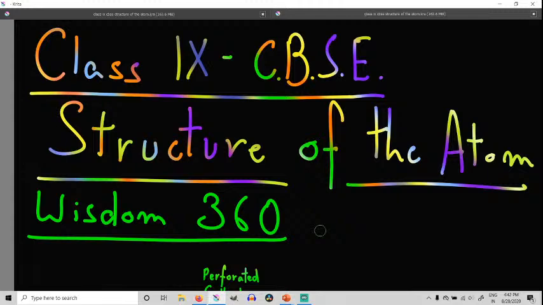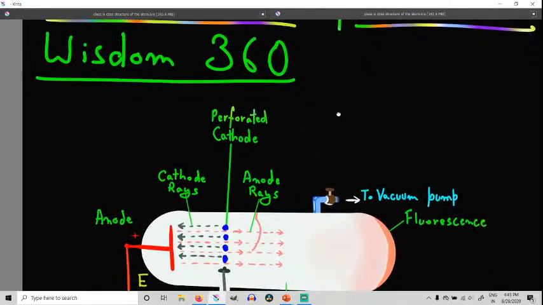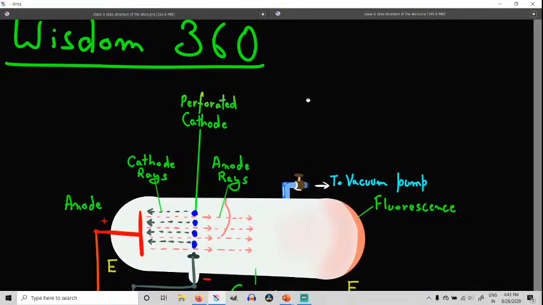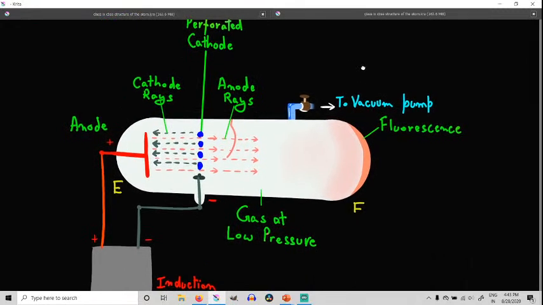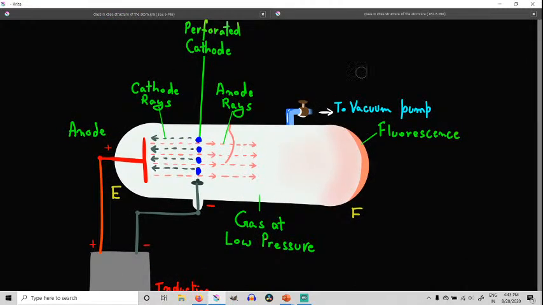In 1886, he took a discharge tube with a perforated cathode. Now I will show you the arrangement he made. This was the arrangement done by Goldstein, who is responsible for showing the existence of the positively charged particle.